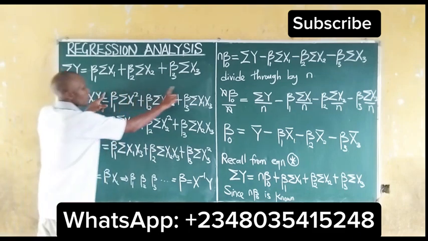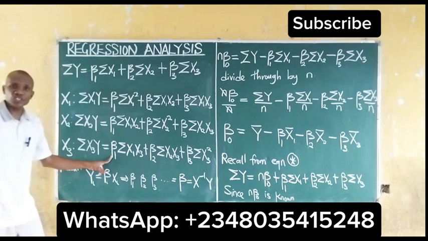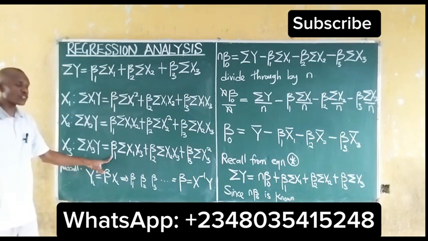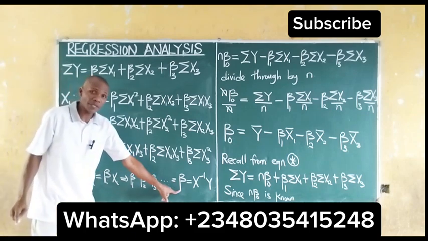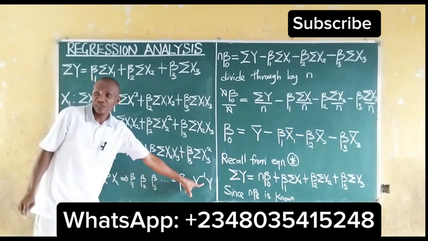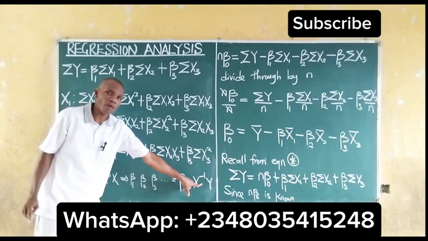So first, we have to put the whole of this into a matrix form. Then to solve for our individual b, we can now use this to solve in a matrix form.